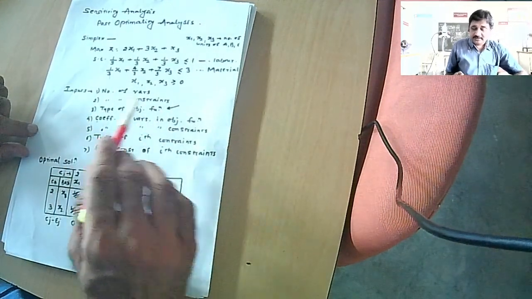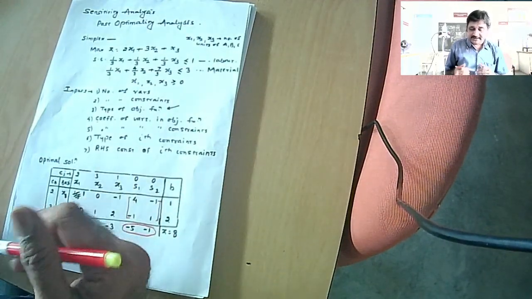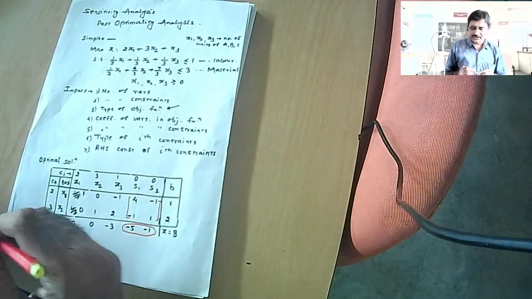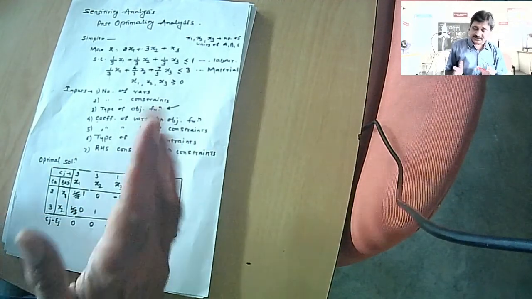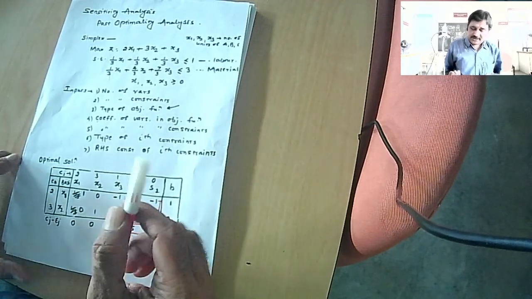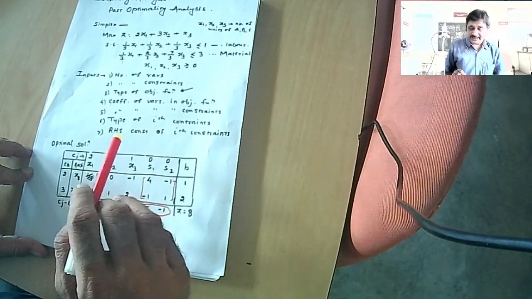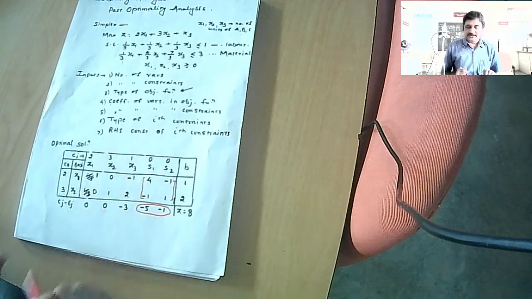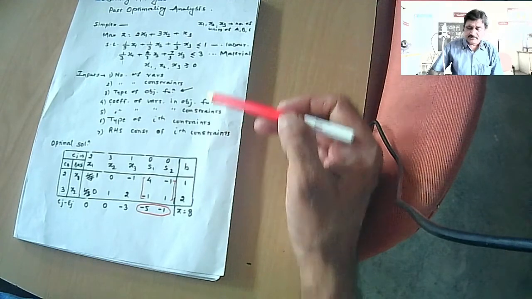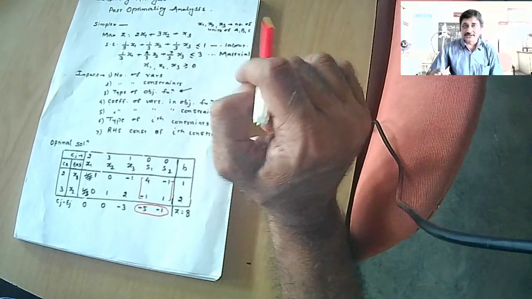Then you may ask how many constraints, and that many places for constraints will get created. Then what is the type of objective function, and what are the coefficients of variables in the objective function and constraints. Then you will also be asked what is the type of ith constraint and what is the right hand side coefficient of the ith constraint. With these inputs, you will be able to build your LPP on the screen.